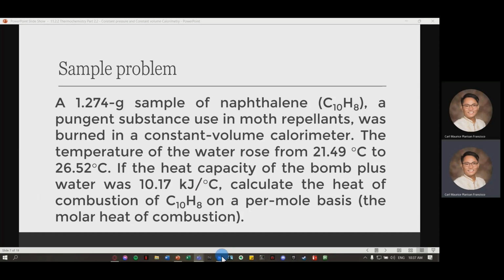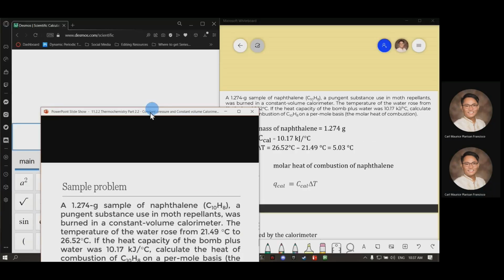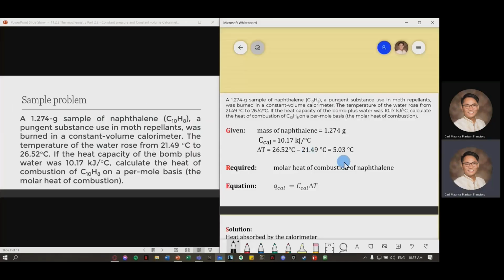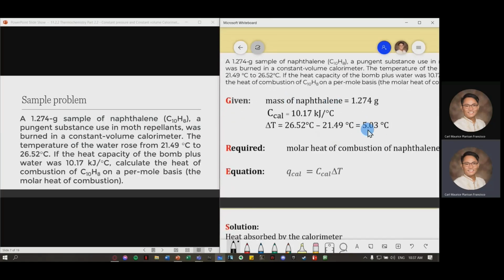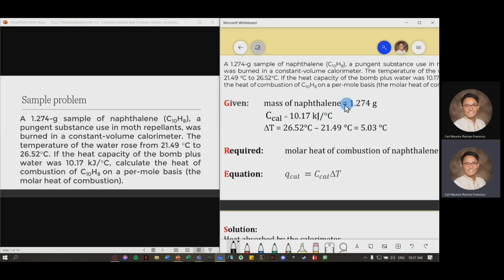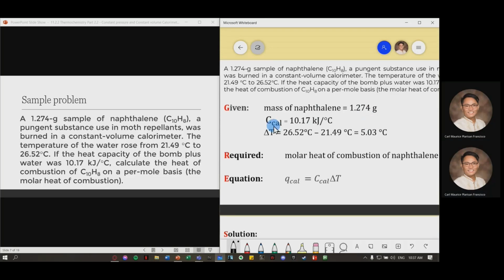Okay, so let us have here an example. Let's start by writing the given. Let me explain how the given came about. So the given, according to the whiteboard: mass of naphthalene, 1.274 grams. Ccal, capital C, the heat capacity of the calorimeter, 10.17 kilojoule per degree Celsius is provided.